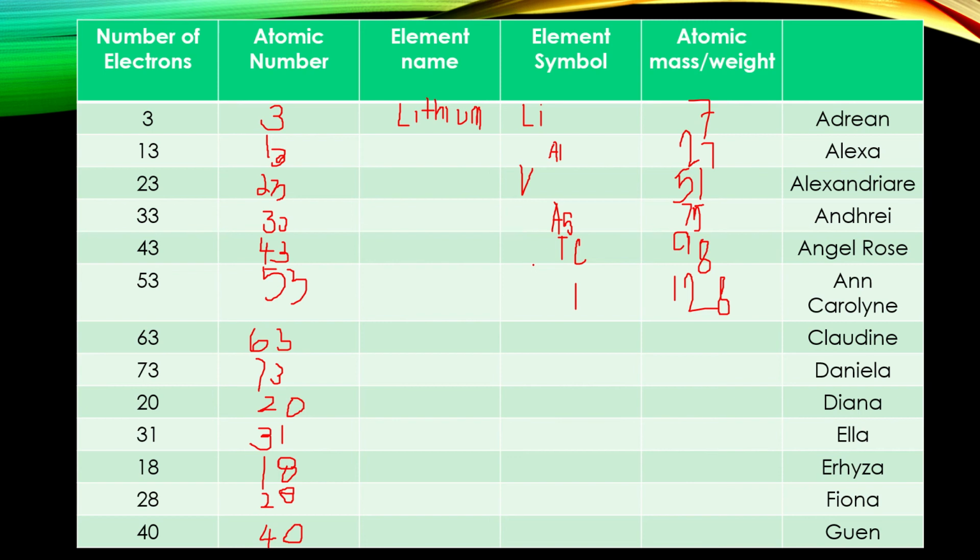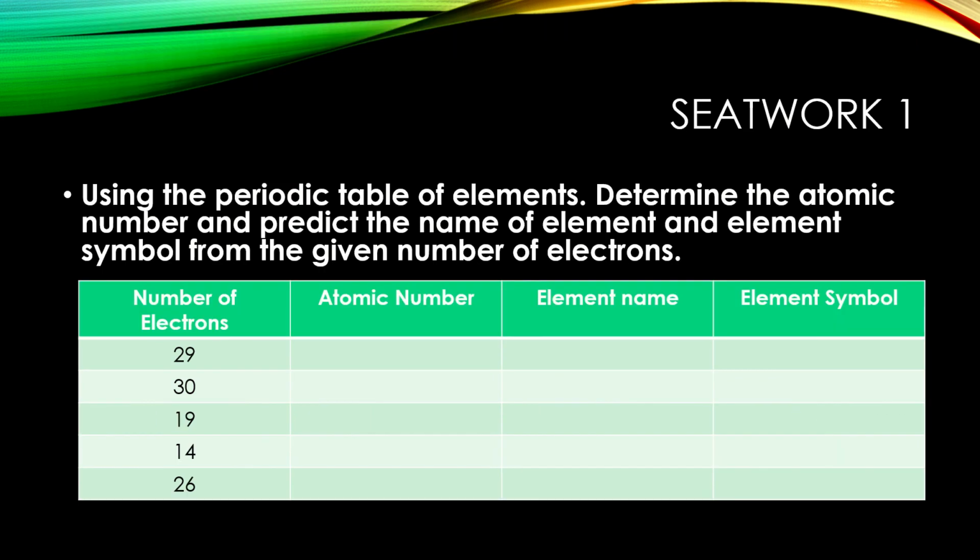Alright. So you just continue to look for the element symbol in the periodic table and then the atomic mass. Use these given atomic numbers as exercises for you to better understand how to find the symbol of the element, then the atomic mass of the element.